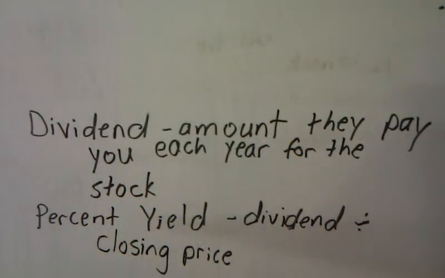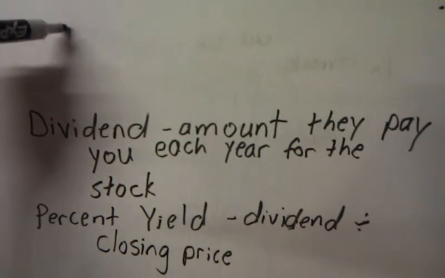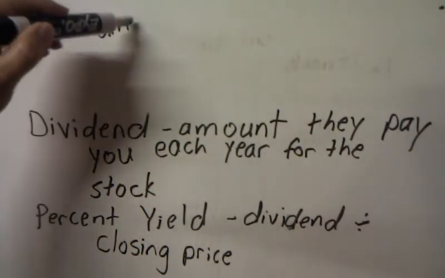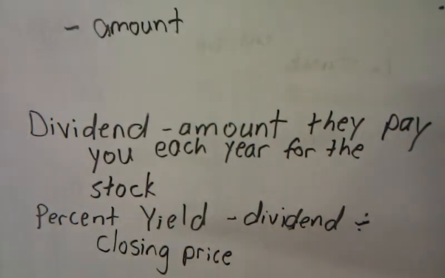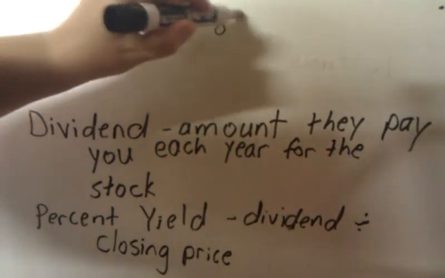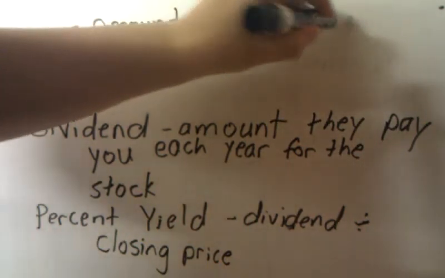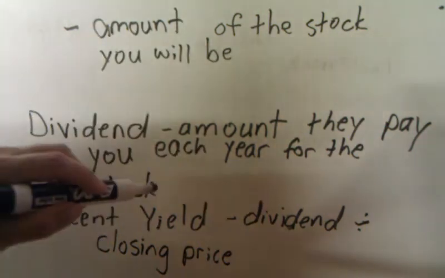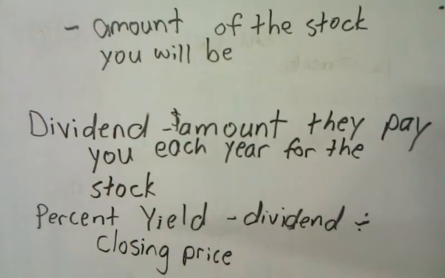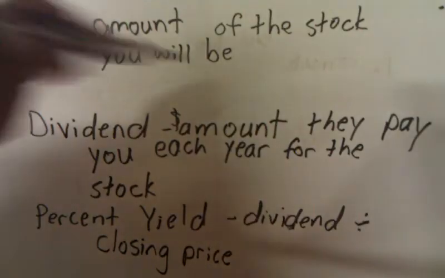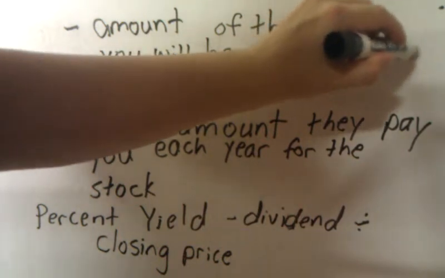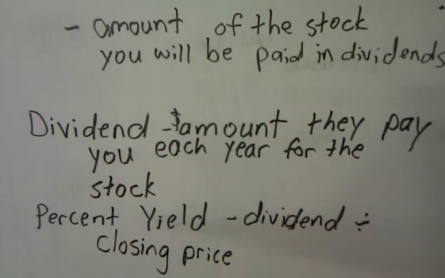We said percent yield is the dividend divided by the closing price, and it tells us the amount of the stock you will be paid in dividends by the end of the year.